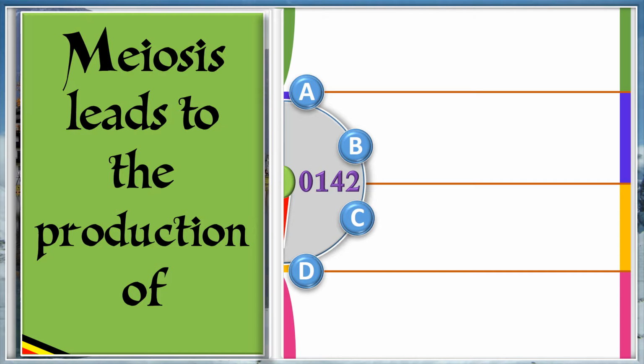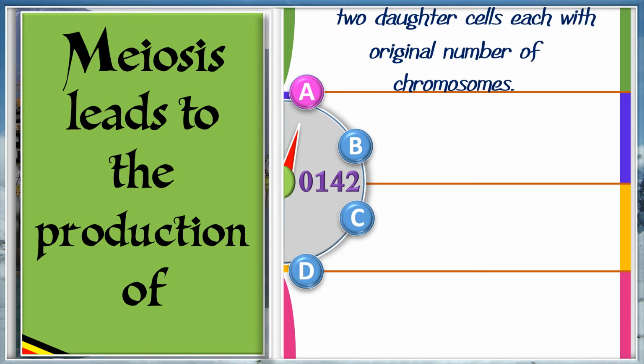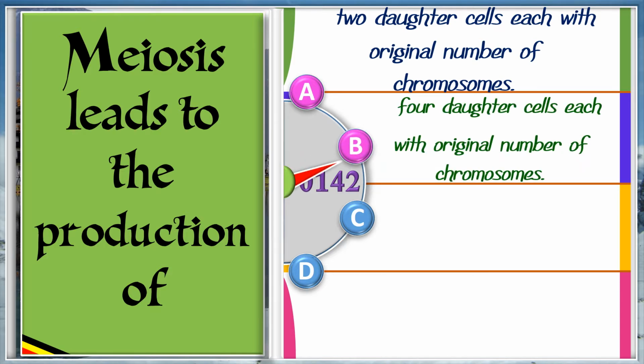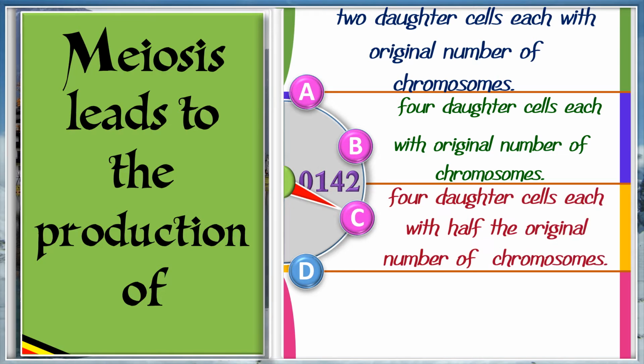Meiosis leads to the production of: A. Two daughter cells, each with original number of chromosomes. B. Four daughter cells, each with original number of chromosomes. C. Four daughter cells, each with half the original number of chromosomes.